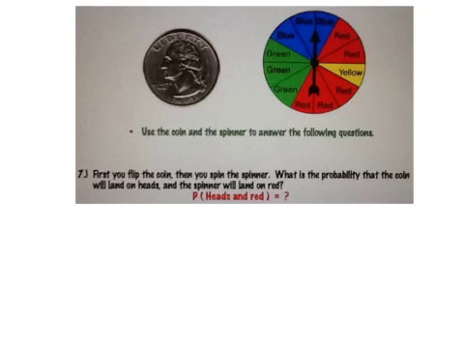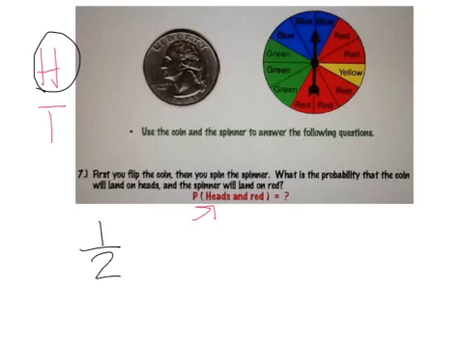So when you flip a coin, you can get heads or tails. We really just want to get heads, so I'm going to circle that I only have one chance to get a head, which means I have 1 out of 2 chance of making that happen. Then the next question says, what is your chance of getting red on this spinner?